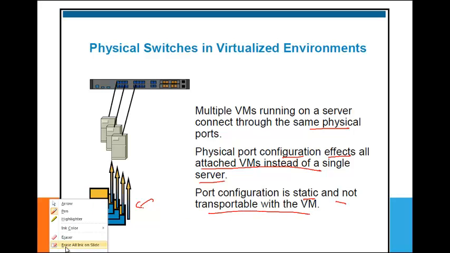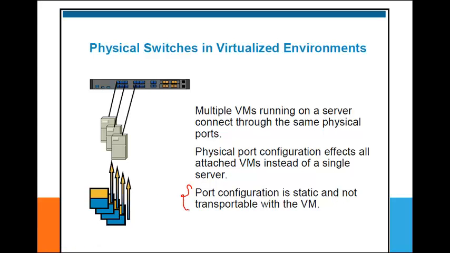This is something new which you cannot really comprehend at first. When I disconnect this cable and connect to another port, I lose all the profile, all the policies that I created for these servers. I created them on this physical port.